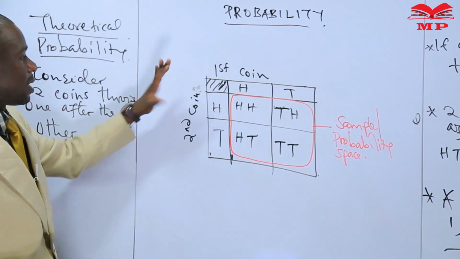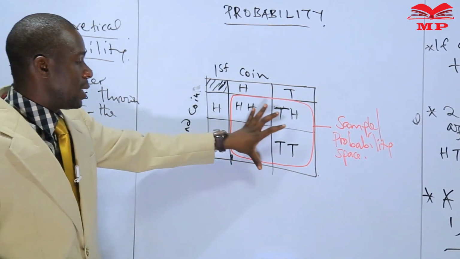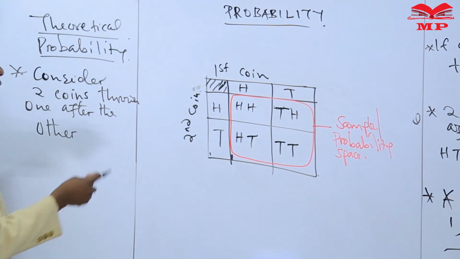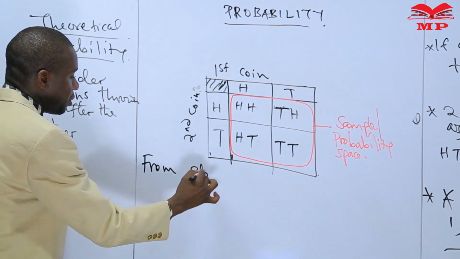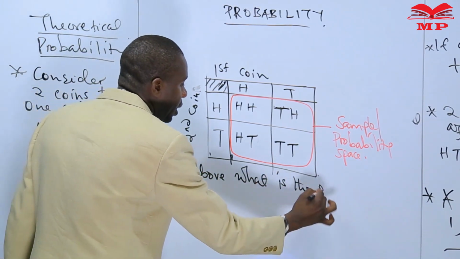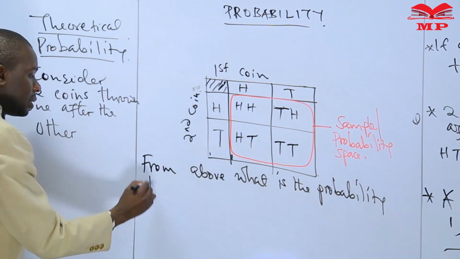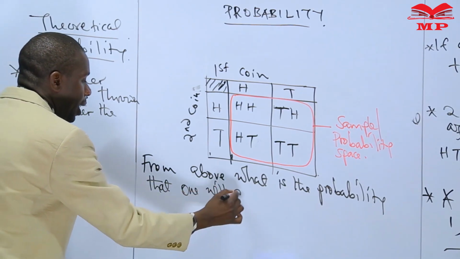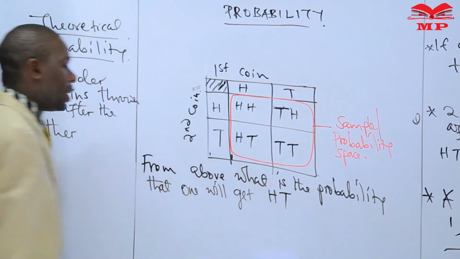In such a case, that you can have a probability without having to do an experiment is what we are calling theoretical probability. For instance, from above, what is the probability that one will get a head and a tail in that order?